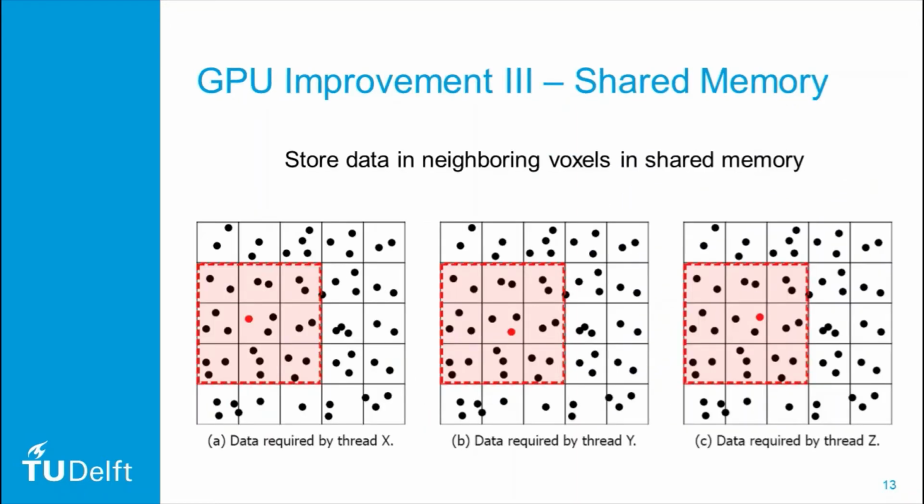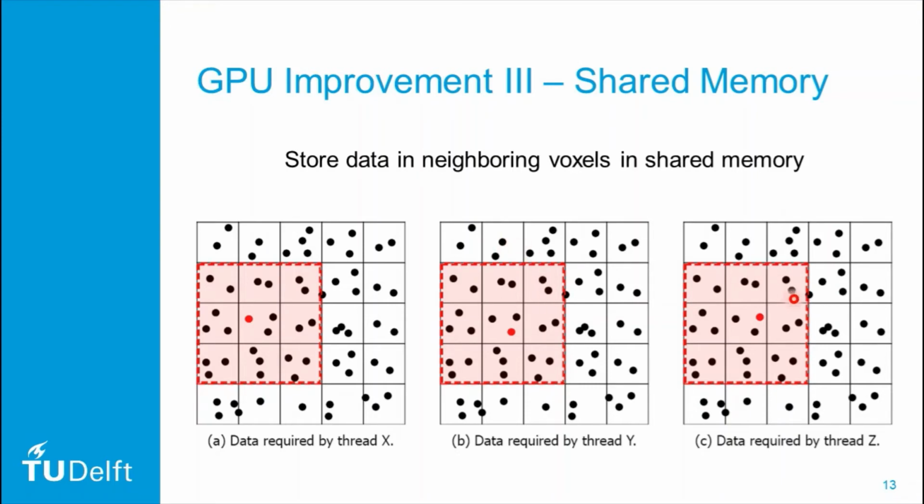As a third improvement to the GPU kernel, we wanted to make use of shared memory that is available on most GPU cards. Shared memory typically is an order of magnitude faster to access than global memory, and could potentially benefit the application runtime a lot. In order to benefit from shared memory, there must be data that can be reused between threads. And this is where we can reap the benefits of the uniform grid method.